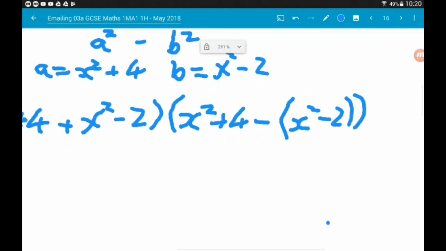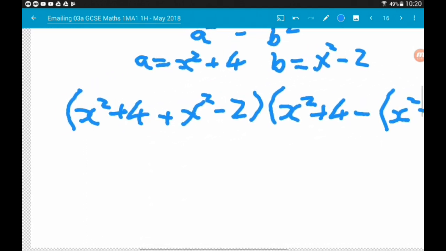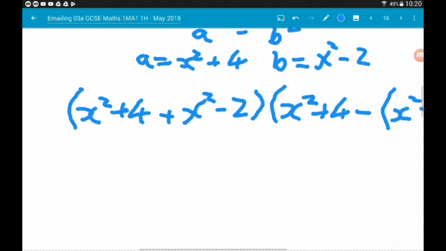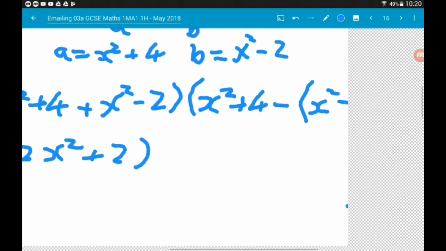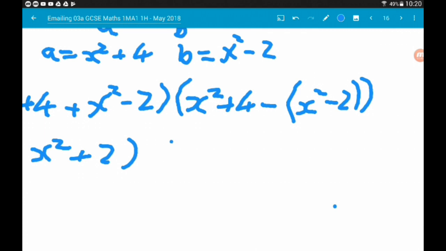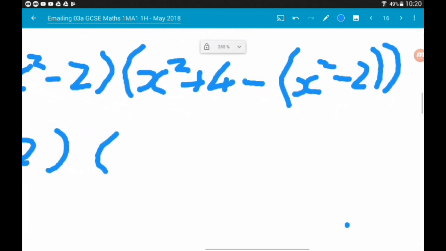Okay, so if we now simplify that, in the first bracket we've got x squared plus x squared, so that's 2x squared. We got plus 4 minus 2. So in this first bracket we got 2x squared plus 2. Now in this second bracket, be really careful here because we got this minus.